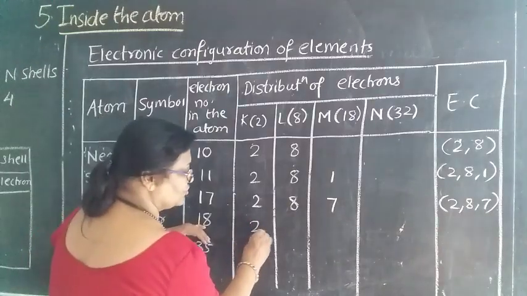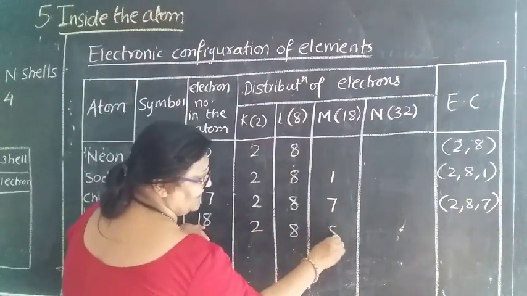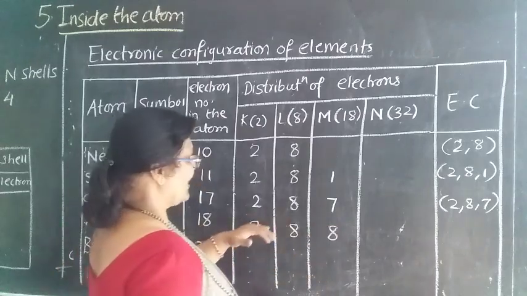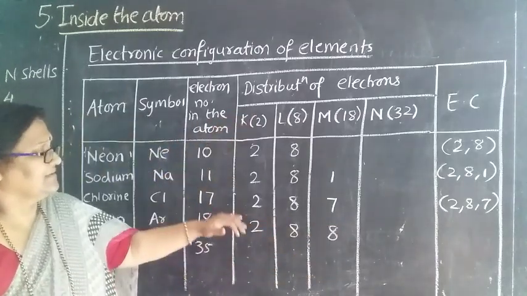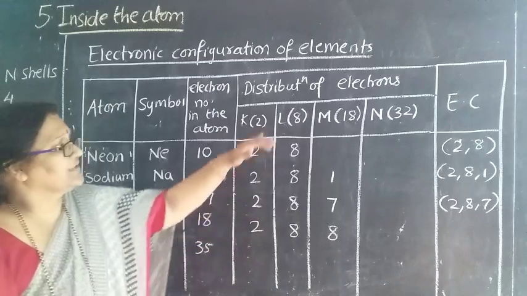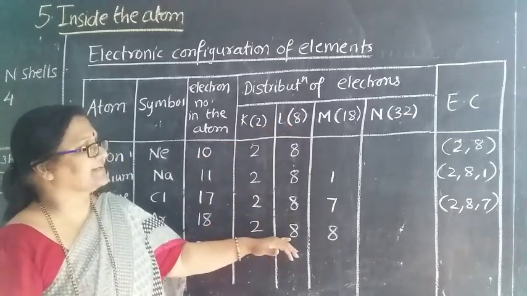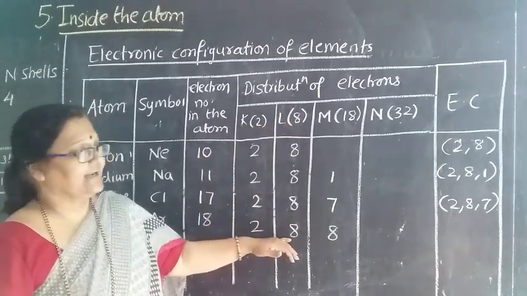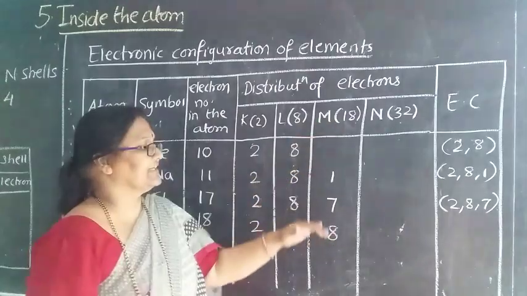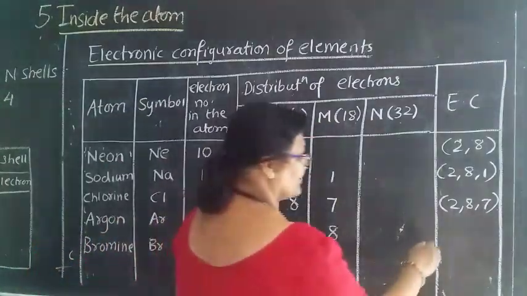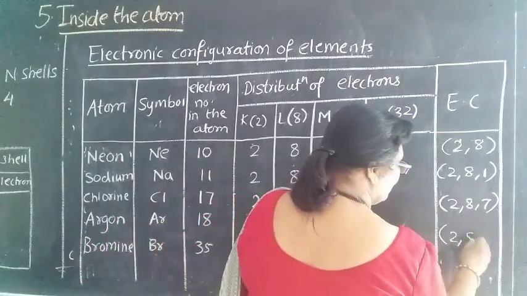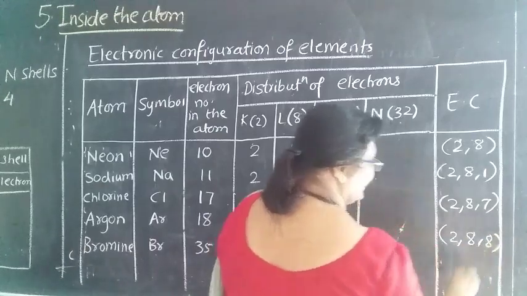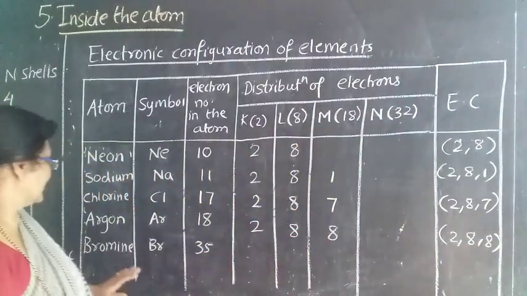See here, 2, 8, 8. Why have we filled it this way? Because the K shell has capacity 2, the L shell has capacity 8, and the remaining 8 we have to fill into the M shell. So 2, 8, 8 will be the configuration.